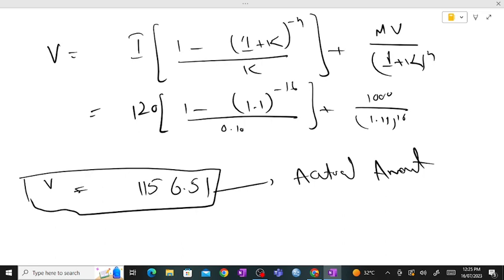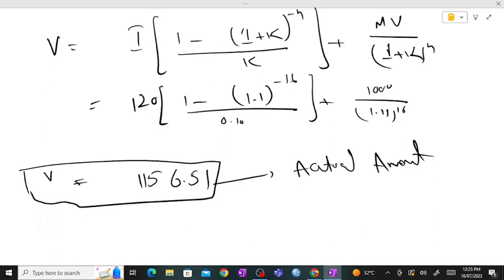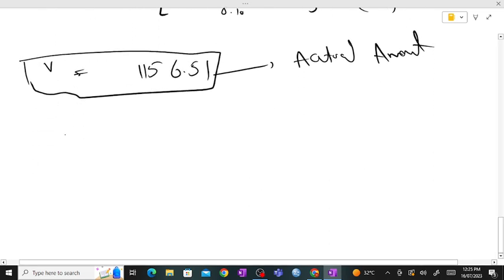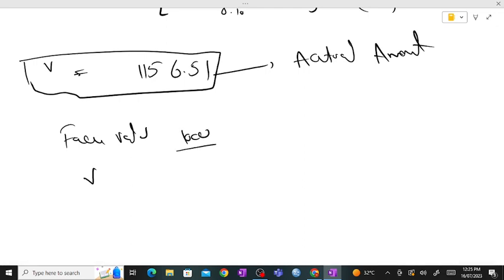Now, when the actual amount is higher than face value, what was the face value? Face value was 1,000, but now you see the actual worth of the bond is 1156. That means the actual worth is higher than face value.